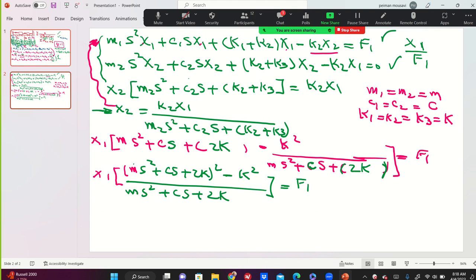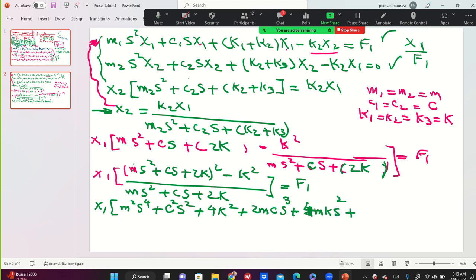Now this is square, so x1 gonna be m squared s4 plus c squared s squared plus 4k squared plus 2 of this in this, 2mc s cube, plus 4mk s squared plus in this and this, 4ck s.